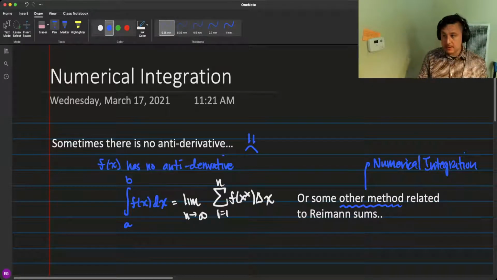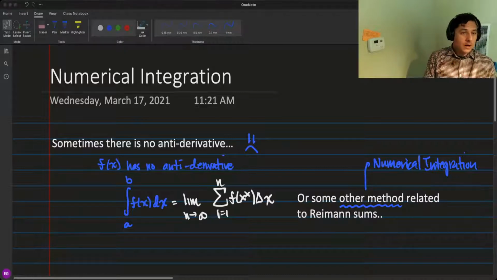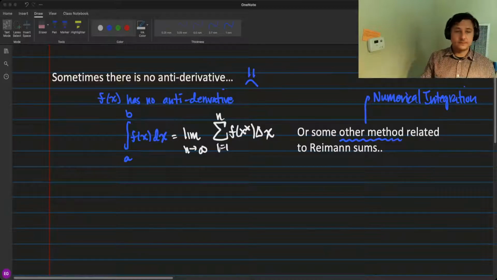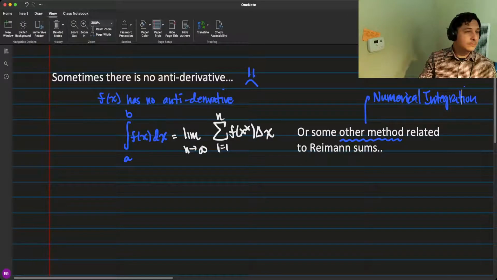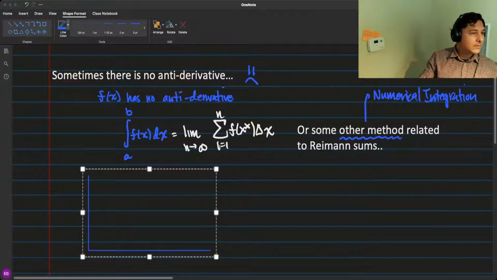Okay. So we're going to talk about those other methods now. So I'm going to draw a picture. Okay, so here's my x and y axis.